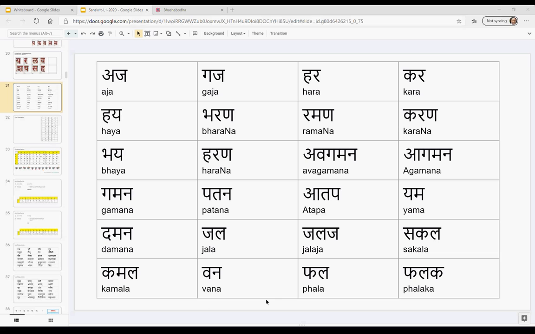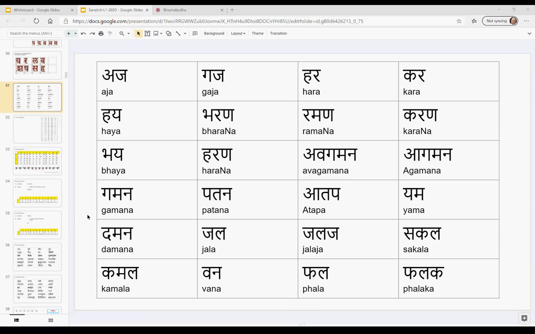But usually in Devanagari scripts, we do not write it like this, though it is not wrong. The ja and the vowel are added together in script. The symbol changes, but the sound remains the same.